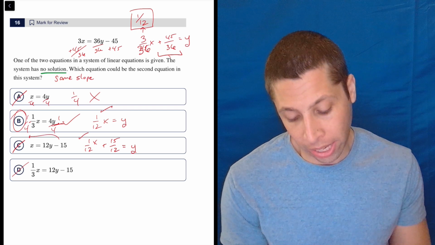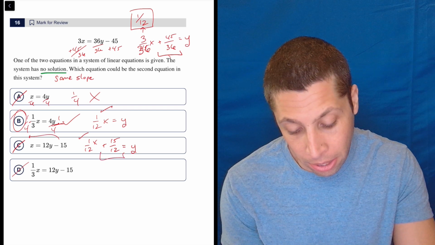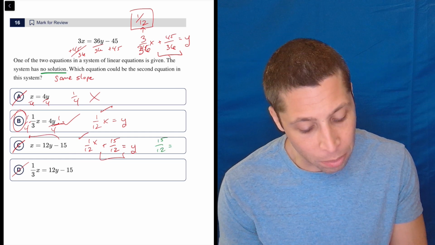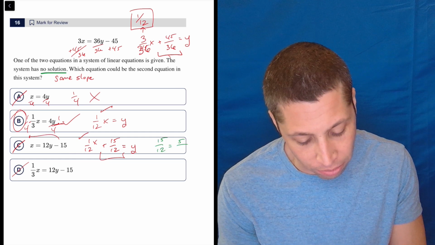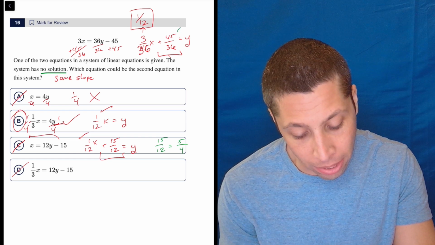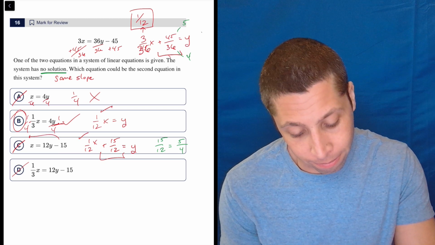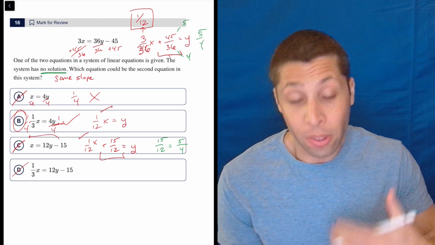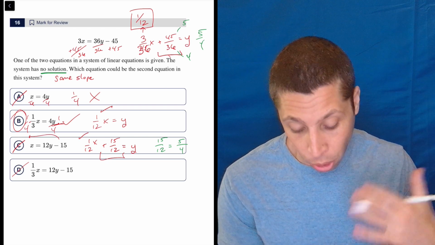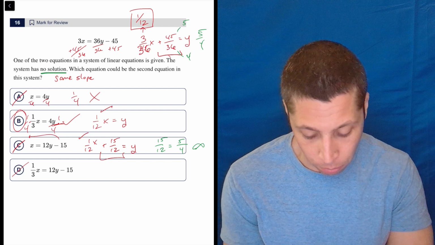The slopes check out, but now I'd have to evaluate whether this is the same as the y-intercept up here. 15 over 12 reduces, they can both be divided by 3, so that's 5 over 4. These can both be divided by 9, so that's 5 over 4 as well. So they have the same y-intercept and the same slope, meaning they're the same line. That's no good. This is infinite solutions. We don't want that. They could ask for it, but they didn't want that here.